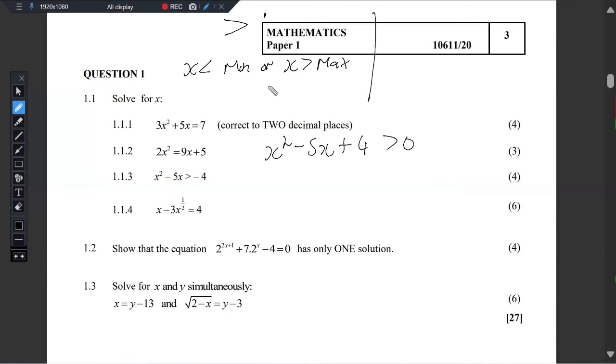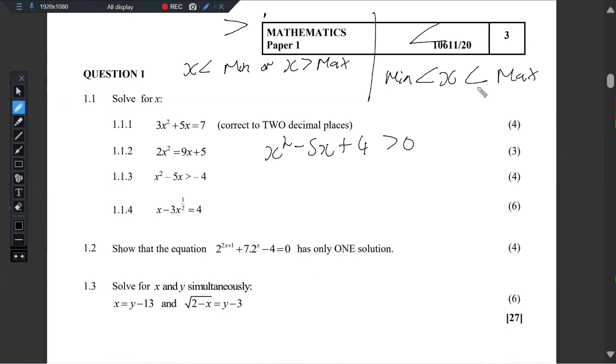However, if your sign is facing that other side, so it's a less than sign, then you normally have this as your answer, whereby you'll have your minimum here and then your maximum. So always bear this in mind.